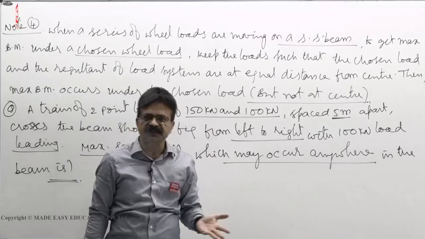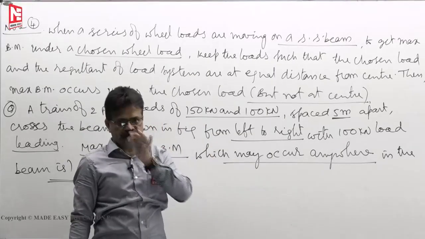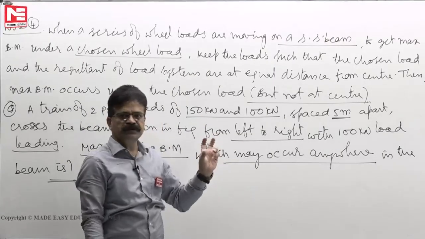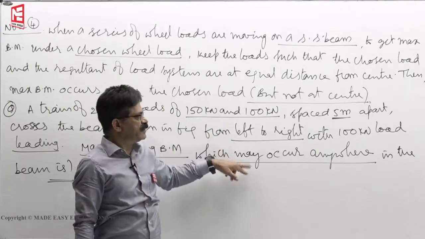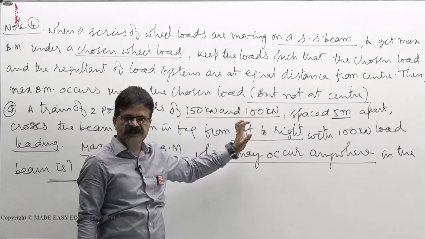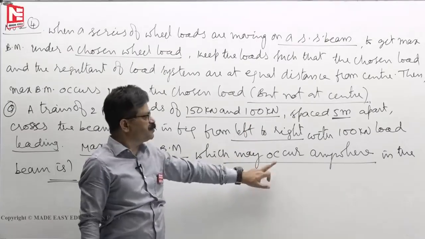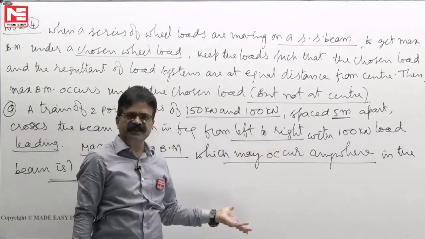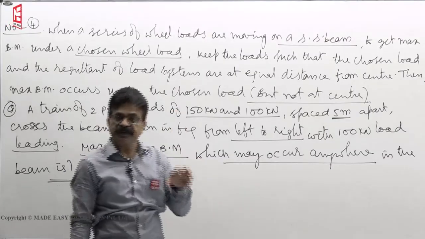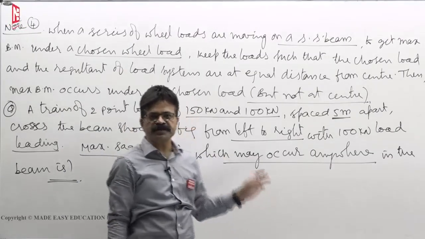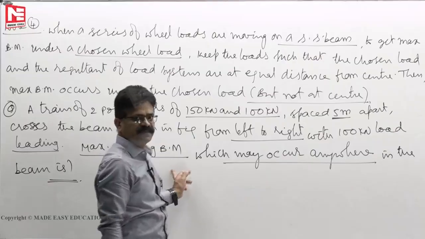If load he doesn't choose, then we have to choose the load also. Which load you get maximum bending moment. So, in that case, we have to choose the load, we have to choose the section, then which may occur anywhere means that is the meaning of that. Wherever you want you find it, but I wanted maximum bending moment, which we call as absolute maximum positive bending moment in this case. Okay.